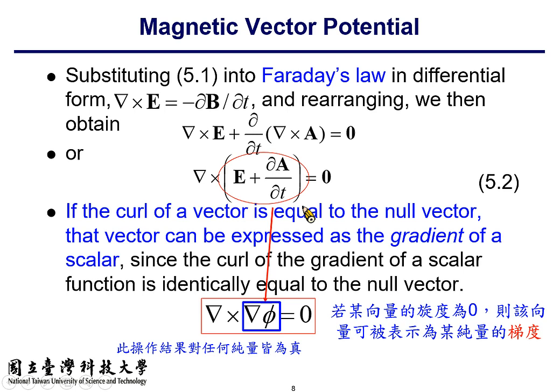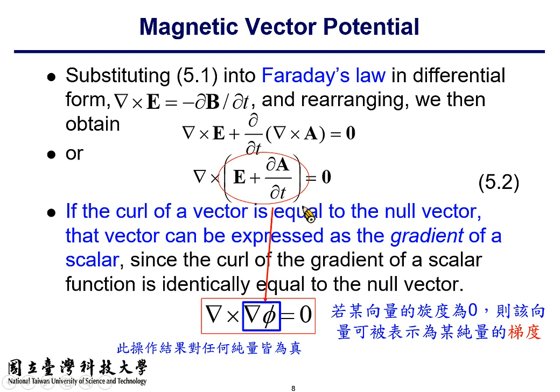So if you compare the two equations, we can say that E plus the time derivative of A can be represented as the gradient of a scalar phi. Is that okay with you? Then we can rewrite the equation.